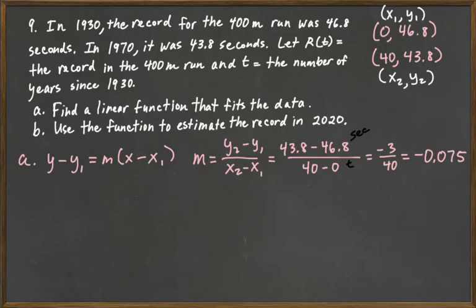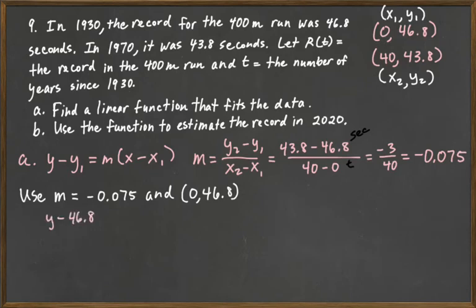And so now we can use either point. I'm going to go ahead and use the first one, 0, 46.8, and the slope of negative 0.075. So let's go ahead and plug in our numbers. We have y minus 46.8 is equal to our slope, which is negative 0.075, times x minus my x value, which is just 0.